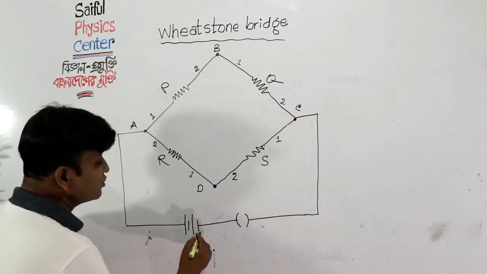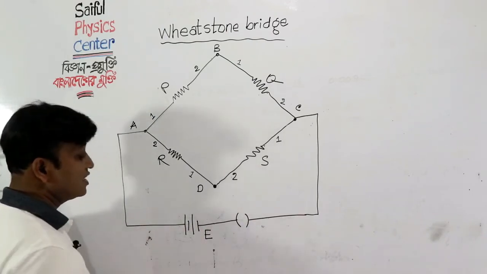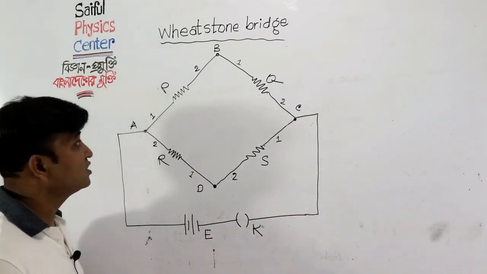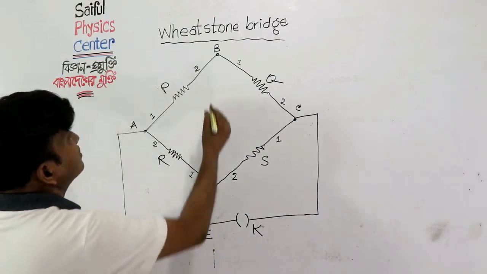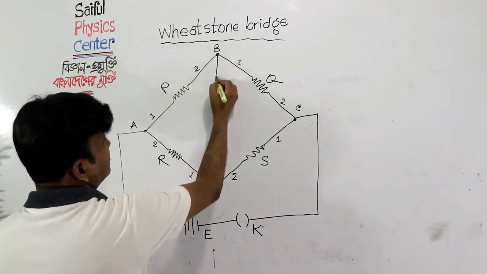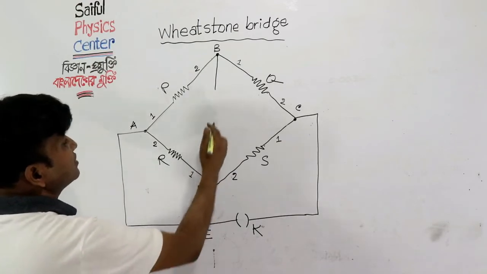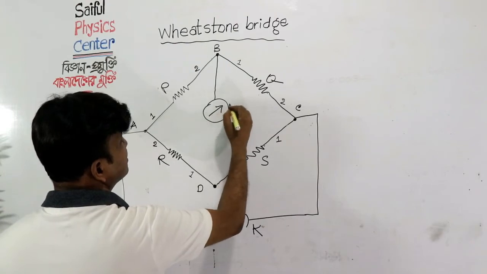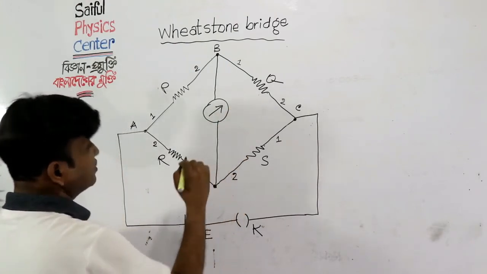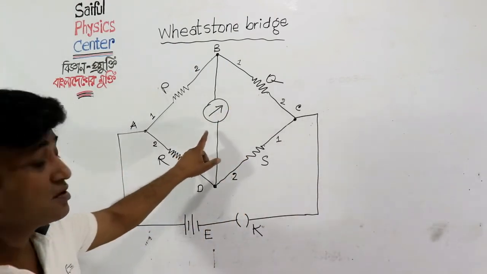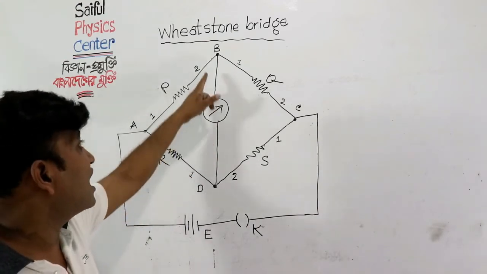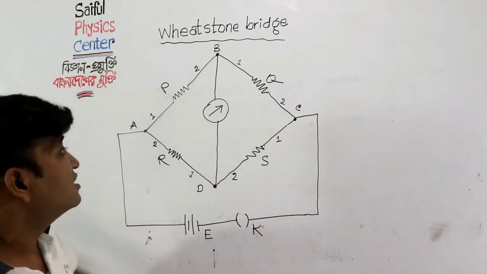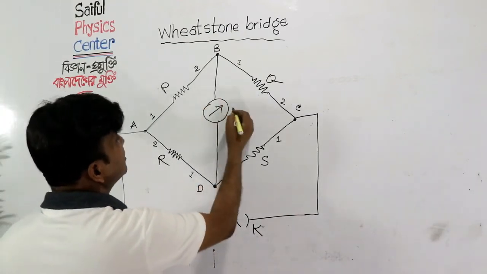Suppose its electromotive force is E and the key is denoted by K. Now, between the two opposite ends B and D, a galvanometer G is used to detect the current flow along BD. Suppose the resistance of this galvanometer is G.